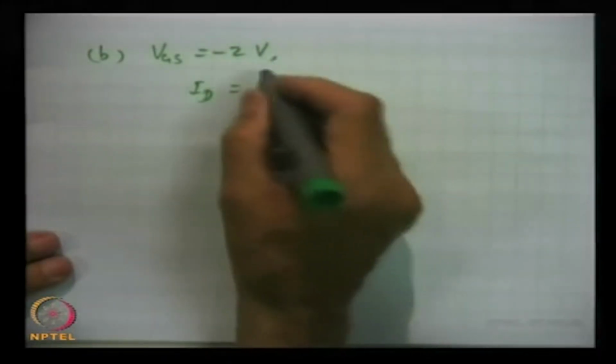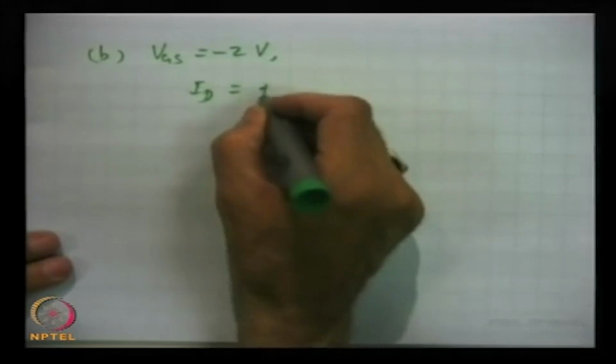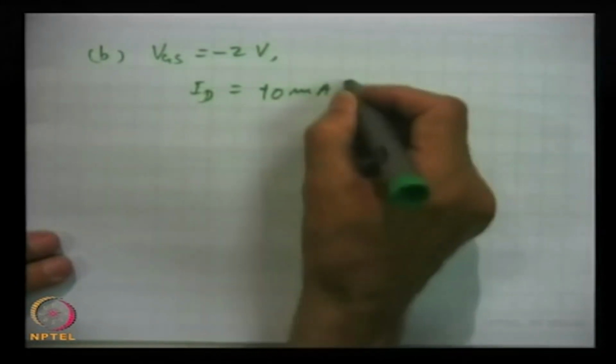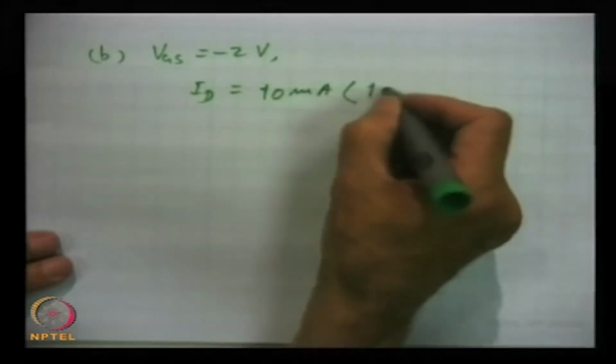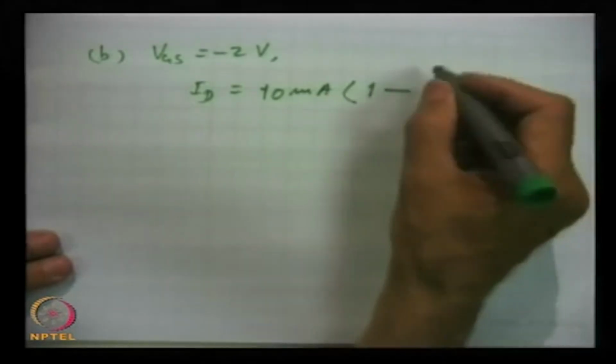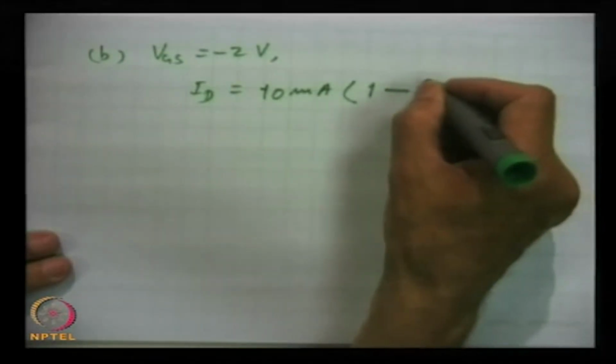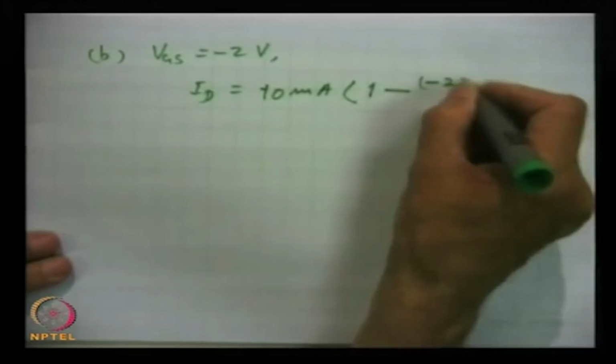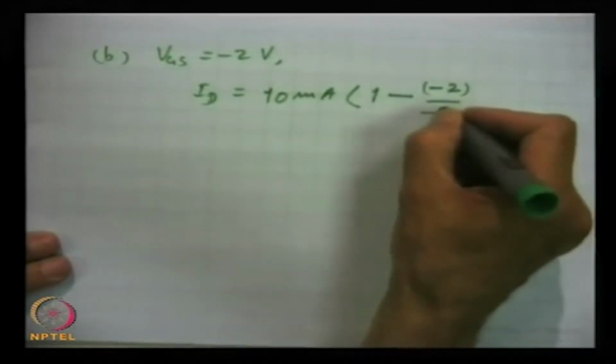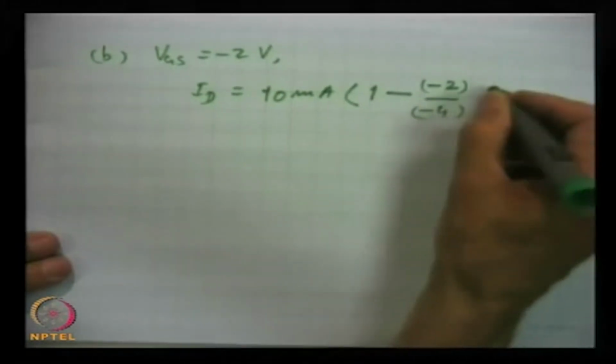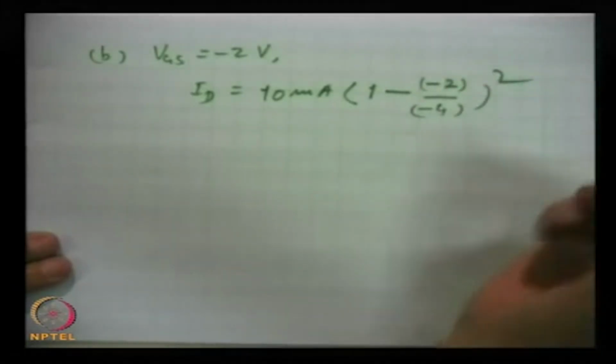again in the same expression we put the value of IDSS, that is 10 milliampere, into 1 minus the voltage, which is minus 2 volts, divided by minus 4 volts, square.